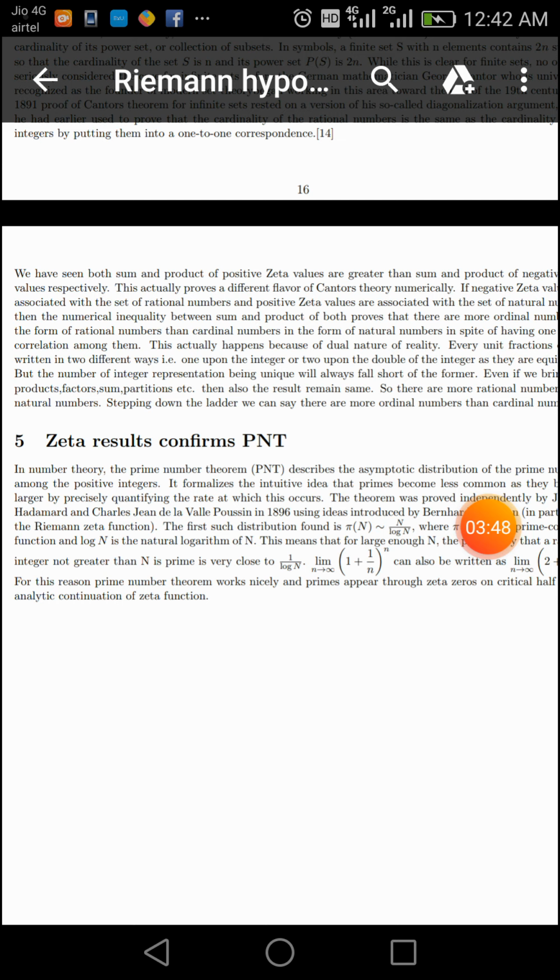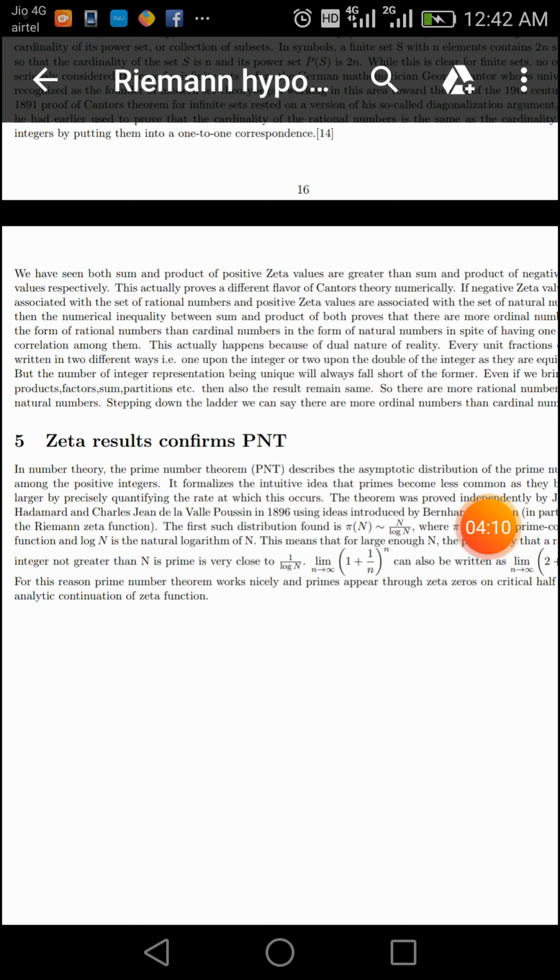It gives a rough estimate, and it is verified to huge numbers, and this prime number theorem works, and it is also proved. I think from the zeta function's work itself, de la Vallée Poussin and Hadamard have proved it.